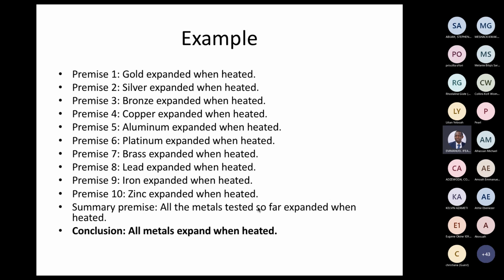So all metals, therefore, would be the information in the conclusion that is not accounted for in the premises. So that's why we said that anytime you look at an inductive argument, you find information in the conclusion that is not accounted for in the premises.